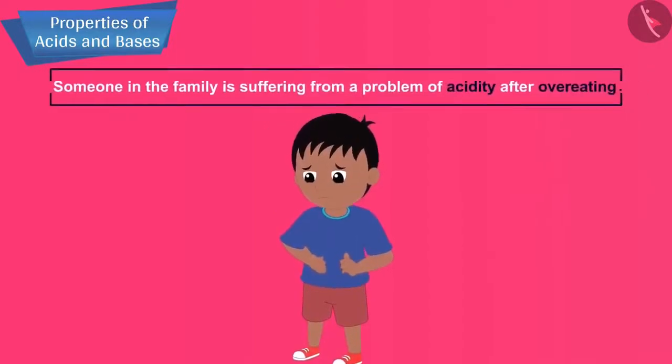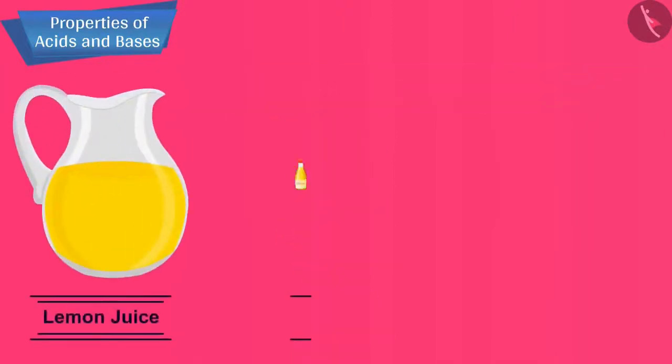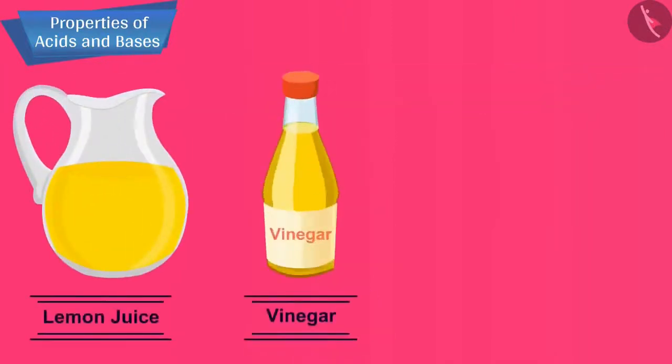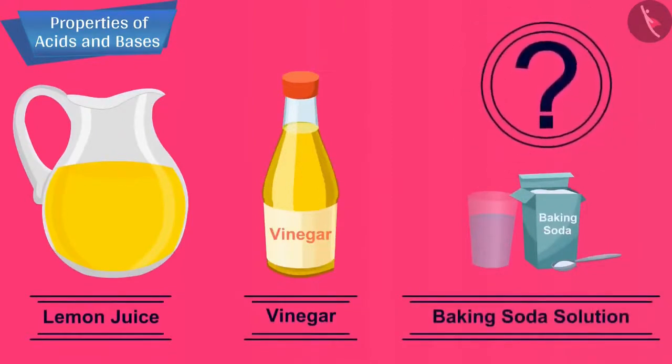If someone in the family is suffering from a problem of acidity after overeating, which of the following would you suggest as a remedy? Lemon juice, vinegar, or baking soda solution? Which property did you think of while choosing the remedy?